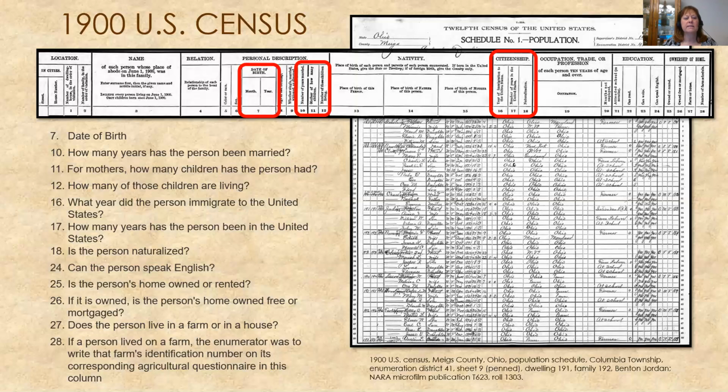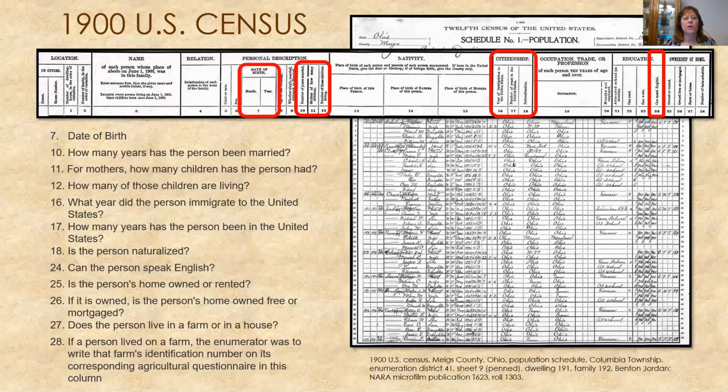Columns 16, 17, and 18 were in regards to citizenship and asked the year of immigration, the number of years the person had been in the United States, and whether or not the person was naturalized. Using this information, we can narrow down the time period for a search of ship passenger list and naturalization records.